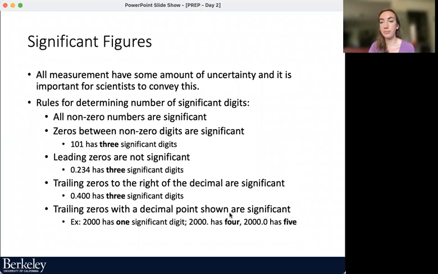Okay. For example, for the last one, the 2000, if it had been 2001, then it would have been 4 significant digits. Exactly. 2001 would have been 4 significant digits, because I wouldn't put that 1 there if I wasn't sure.